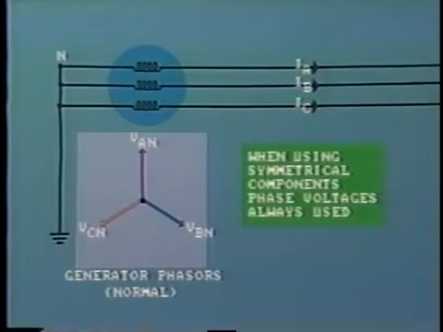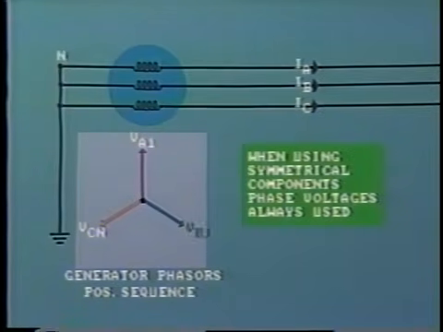When studying symmetrical components, phase voltages are always used, that is, line to neutral or line to ground. We indicate the positive sequence voltages on our diagram by using the subscript 1. For example, VA1, VB1, and VC1.